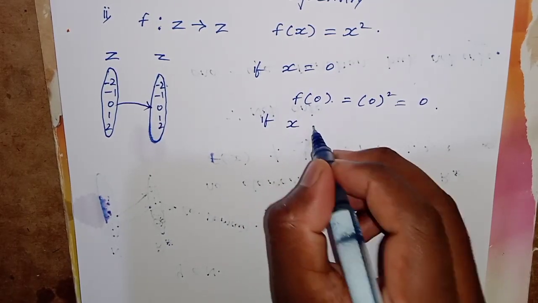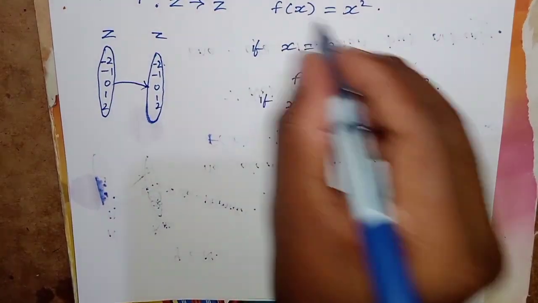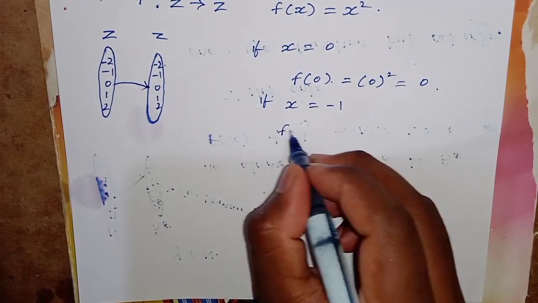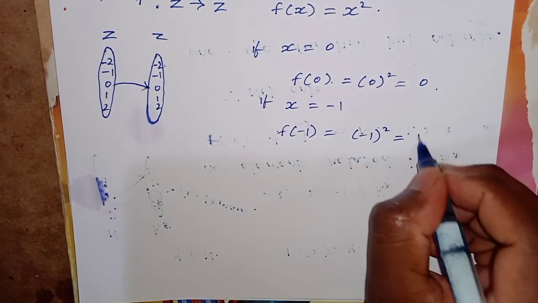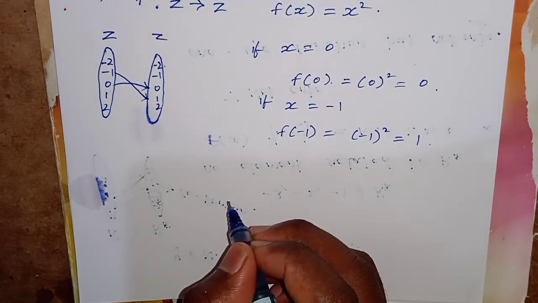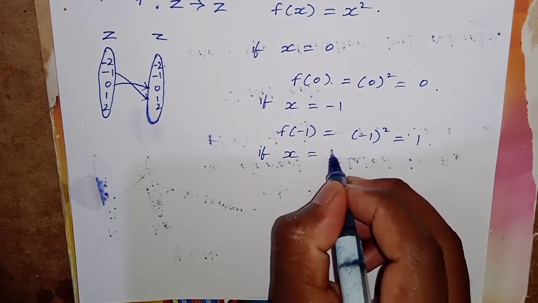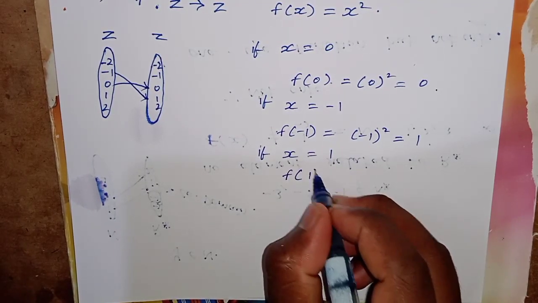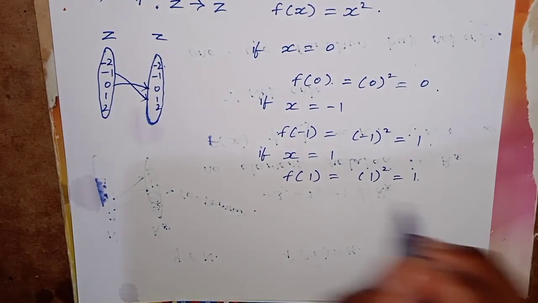Next, if x equal to -1, f of -1 equal to -1 the whole square equal to +1. Now if x equal to 1, 1 squared equal to 1.